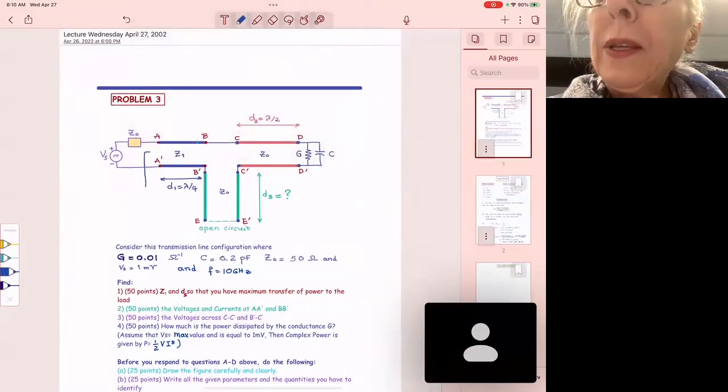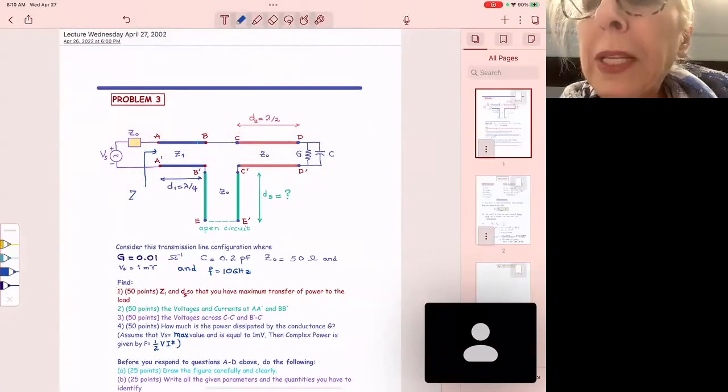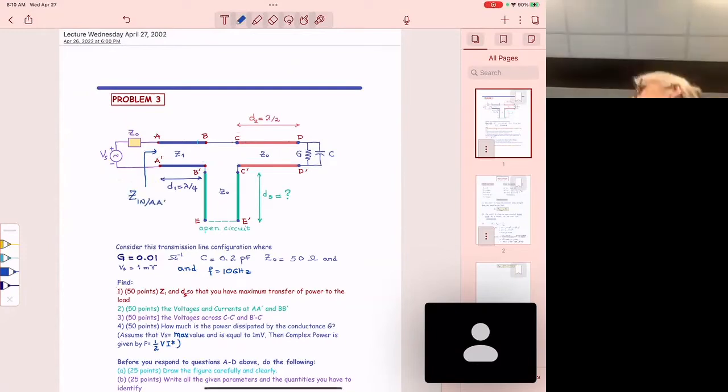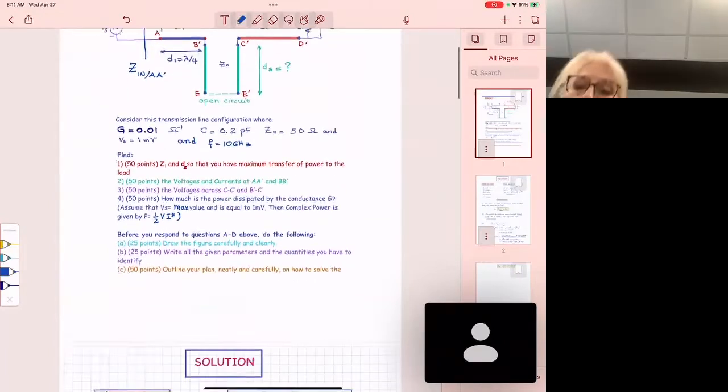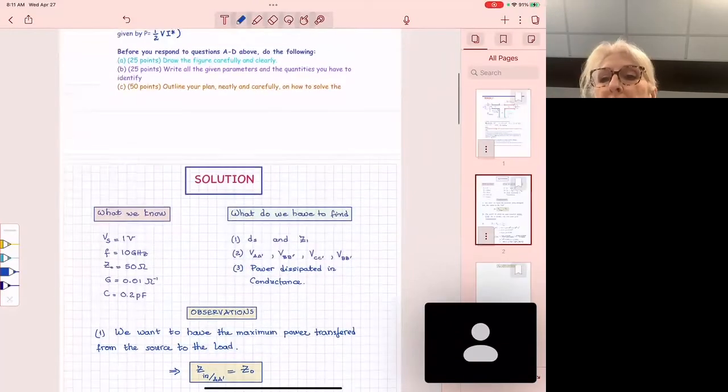And this is the impedance that you see, the input impedance at A prime. All right, that's how I add the impedances the moment I need to say something about that. So for us to have maximum power transfer from Vs to the rest of this structure, we need to make the input impedance here equal to 0. Right? That is the first observation. So this is what it says here.